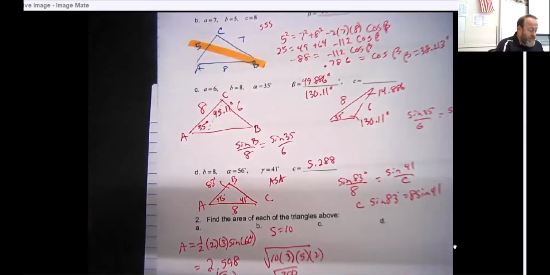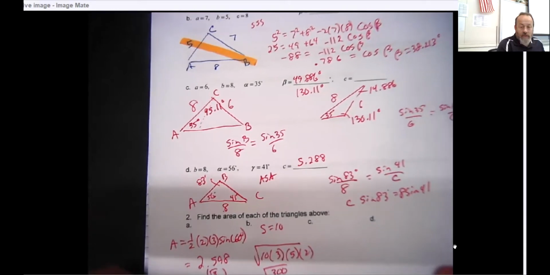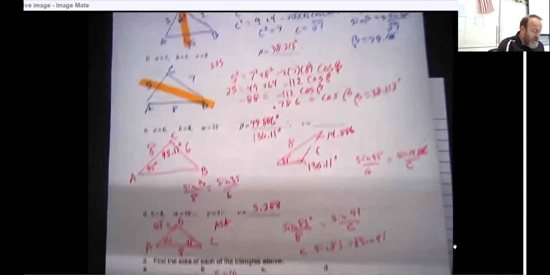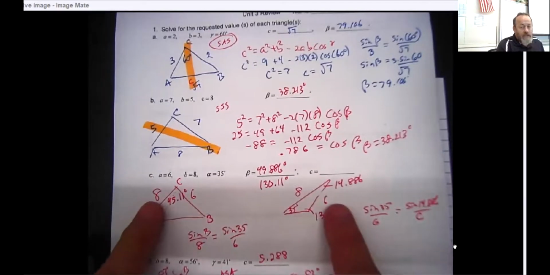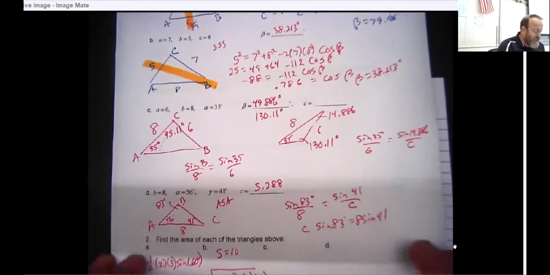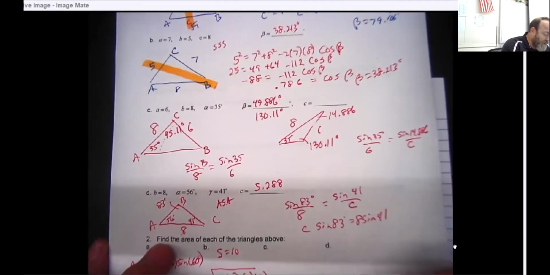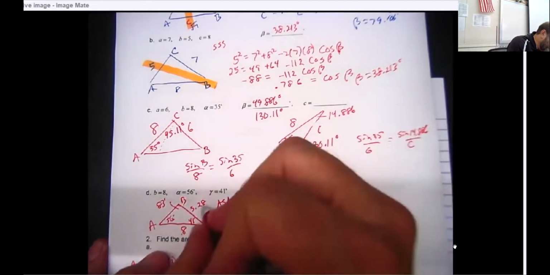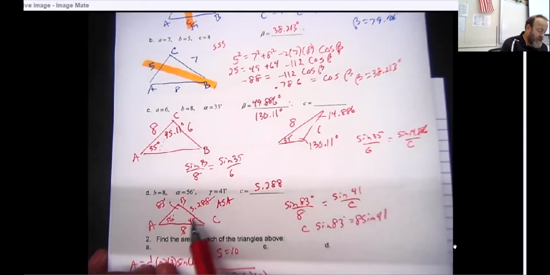Now, the last one that I thought it would be worth looking at, and I'm just, again, trying to keep the video relatively short, but I'll look at D. Now, keep in mind, since C had two answers, there were two values you could get, but you can do it the same way I'm going to do on this other one. But by the time I finished, I, in fact, did have two sides and an angle in the middle.